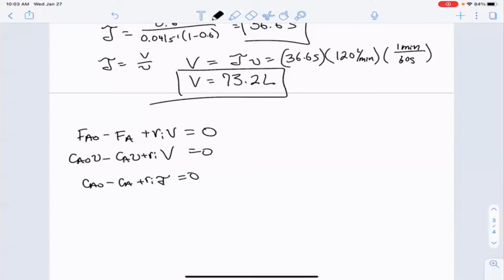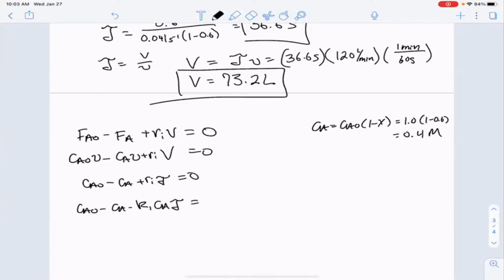And we would know what the final concentration of A is, right? So we know that CA is just CA0 times 1 minus X, and we know that that's equal to 1 times 1 minus 0.6 from the problem, right? So that would be equal to 0.4 moles per liter. And so tau then is equal to, just rearranging this here, hold on, let me actually insert RI so I don't skip too many steps. So that's CA0 minus CA minus K1 times CA times tau, right?